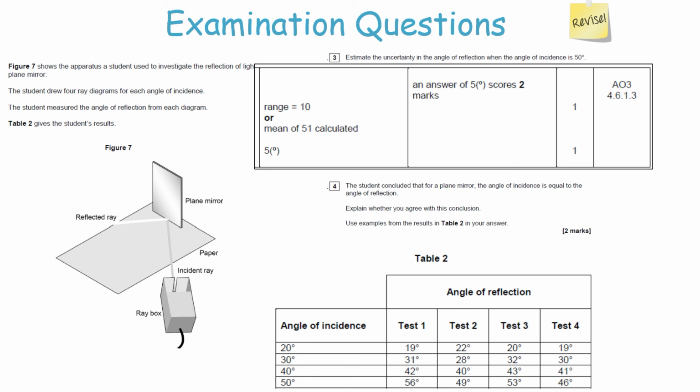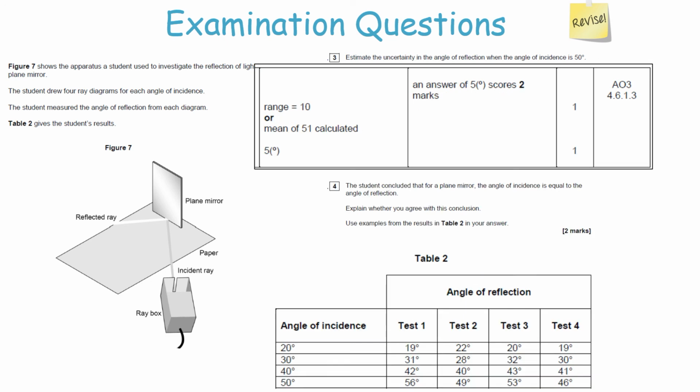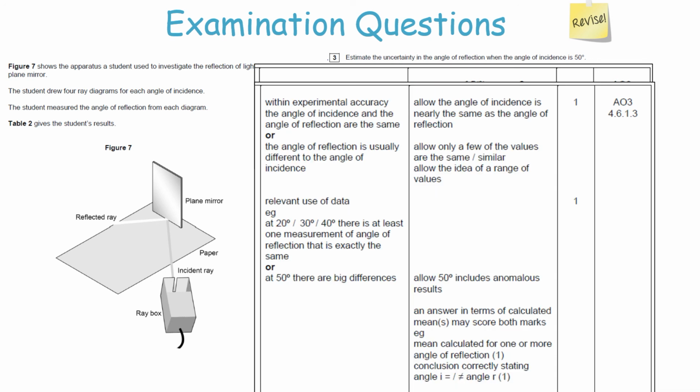So when you've considered the error produced by the random error in the investigation, you can see that the 20 degrees angle of incidence is going to be approximately 20 degrees angle of reflection, 30 and 30, 40 and 40. However, you could argue that for 50 degrees there's a large range, there's a big uncertainty, the precision of the data is not very good, so therefore you could argue that it's not correct for 50 degrees, but once again, it's more about how you use the data as opposed to giving one simple answer.